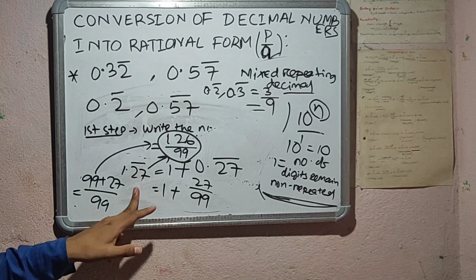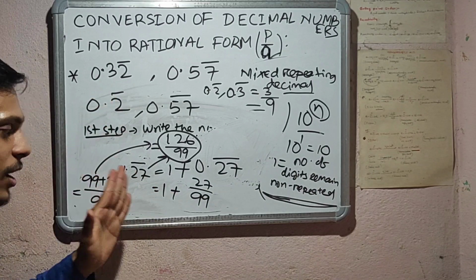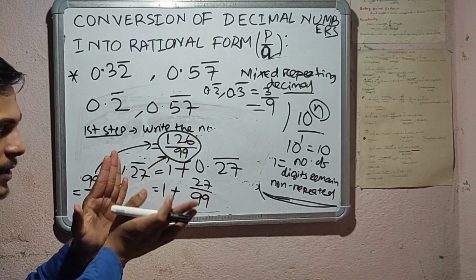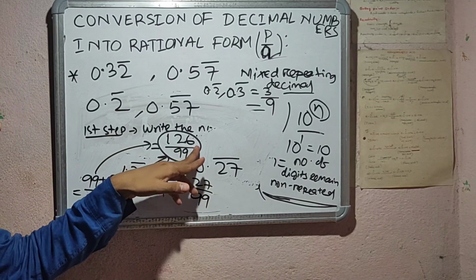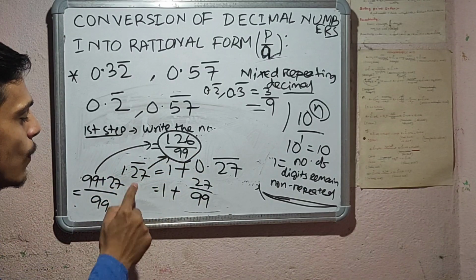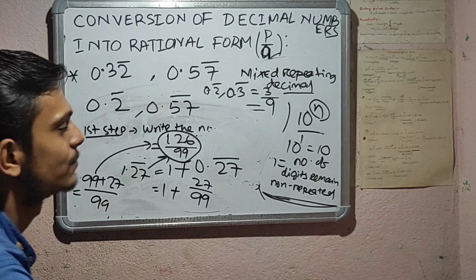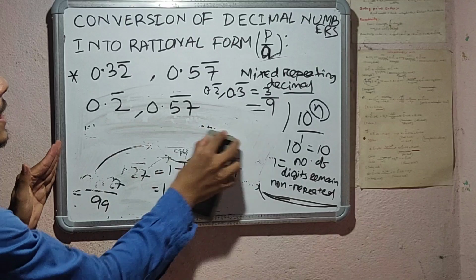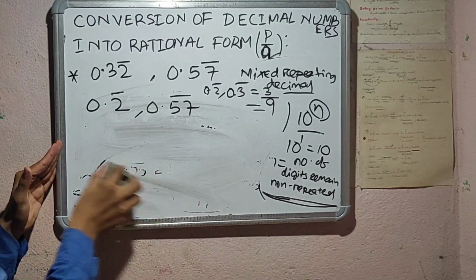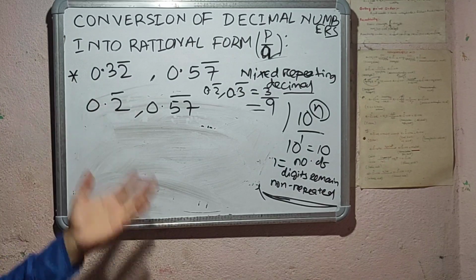So in this way, you can convert pure repeating decimals as well as mixed repeating decimals into rational form.